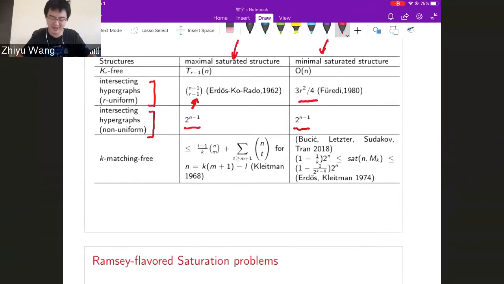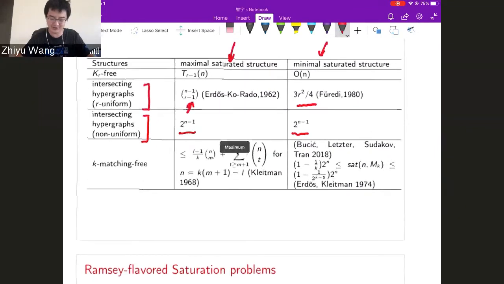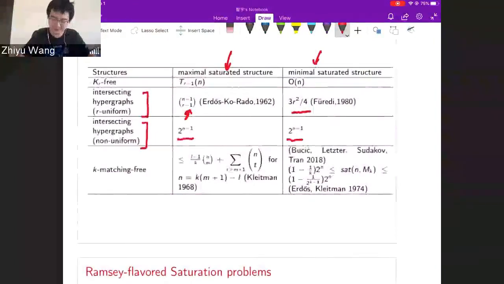Basically, let's try to show the lower bound. Suppose we have a minimal saturated set system F with less than 2 to the n minus 1 elements.